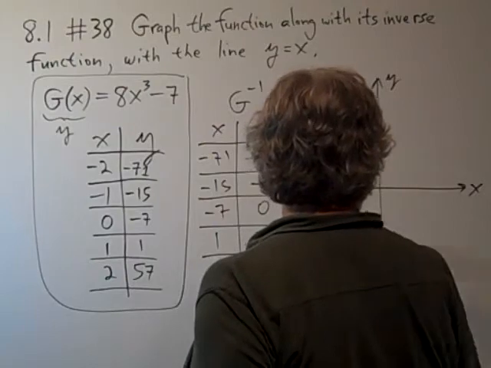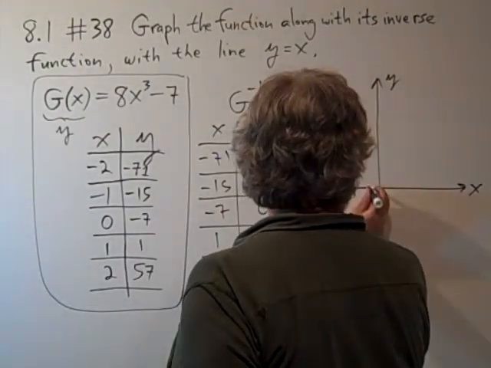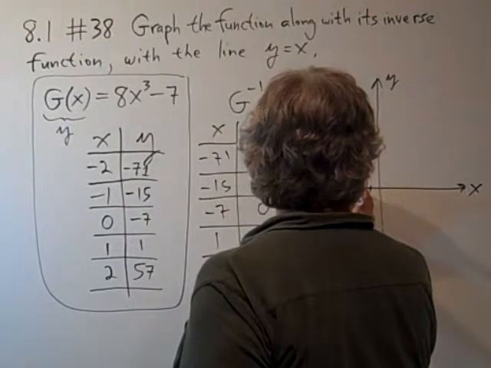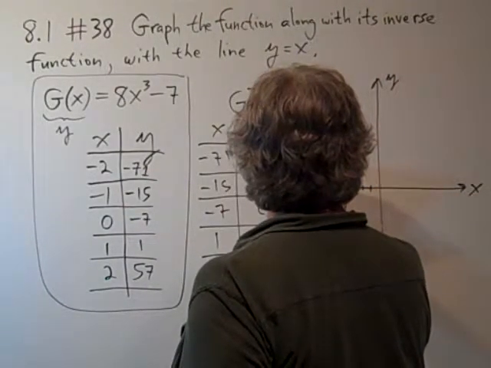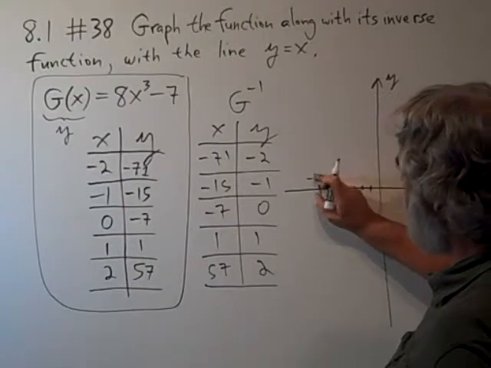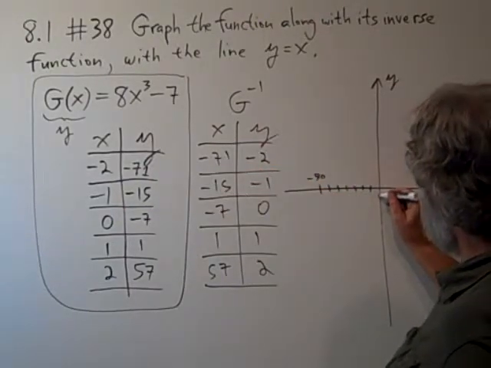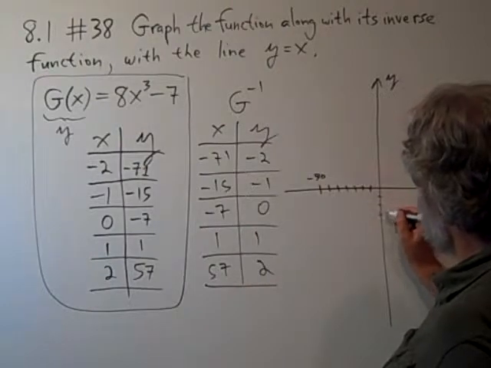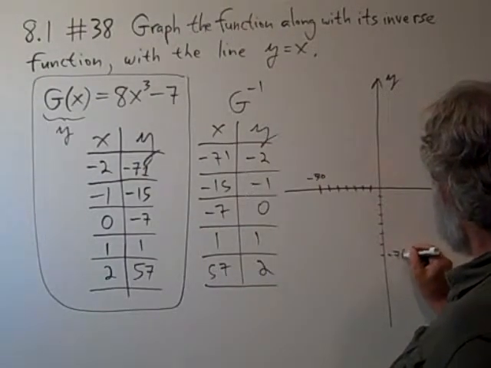I guess I've got to make a slightly smaller scale than that. So 10, 20, 30, 40, 50, 60. That's -70. So -2, we need to do that on the x-axis and on the y-axis. So that's -10, 20, 30, 40, 50, 60, 70.